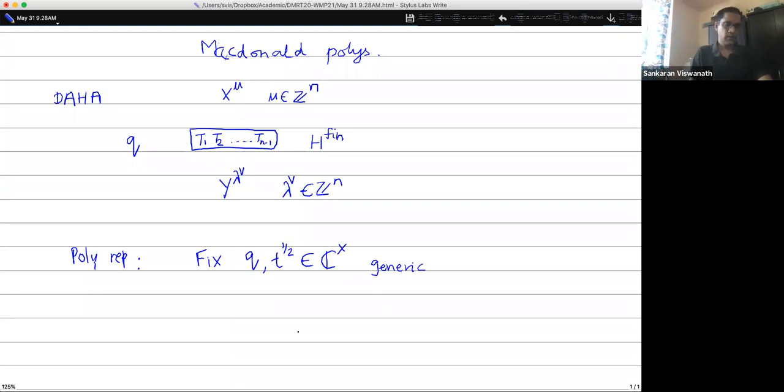The vector space on which the DAHA acts, the polynomial representation, you can think of as the group algebra of Z^n. We call this C[x]. I'm going to dispense with the plus-minus notation there. So C[x] will just mean the span of all the x^mu as mu varies over Z^n.